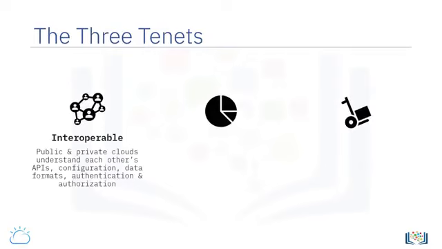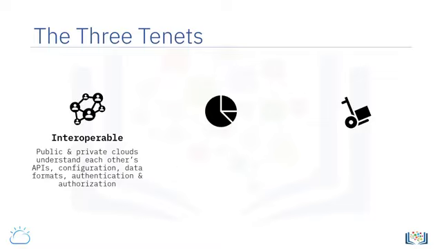The key tenets of a hybrid cloud are interoperability, scalability, and portability. Hybrid cloud is interoperable, which means that the public and private cloud services can understand each other's APIs, configuration, data formats, and forms of authentication and authorization.